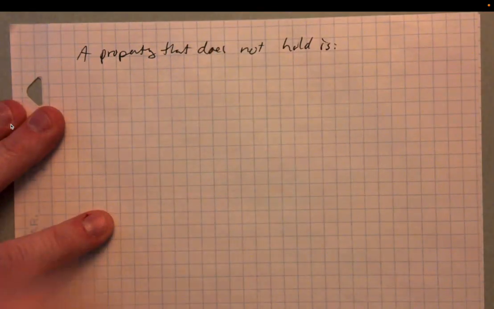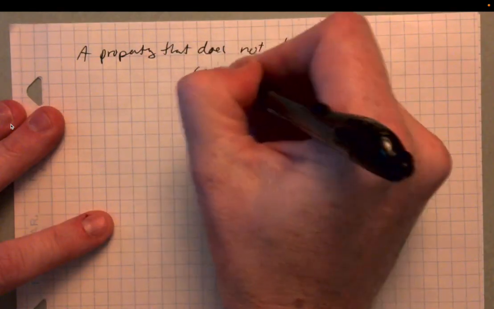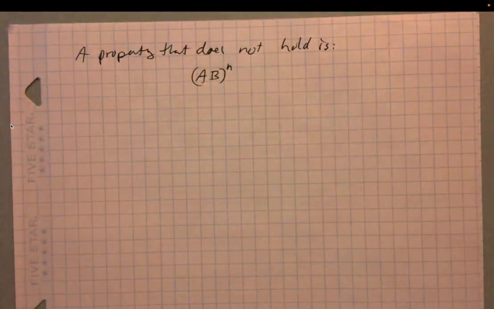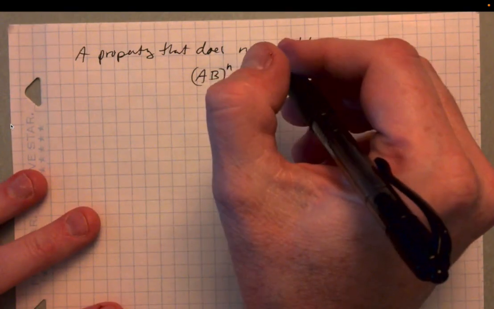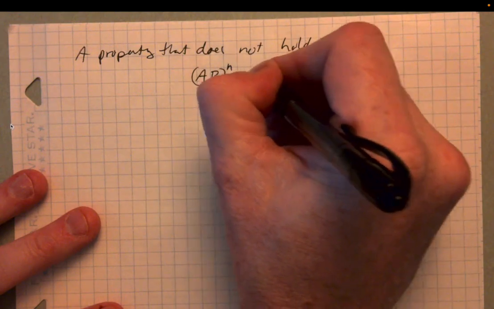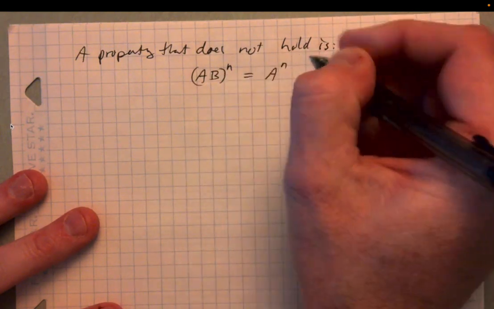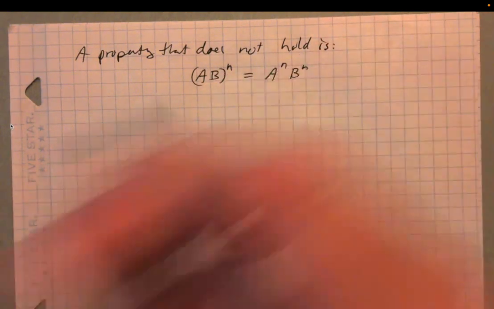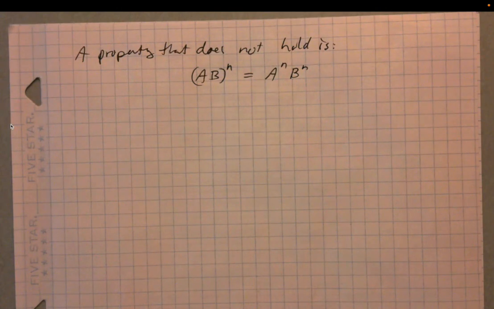It's this one. You may remember, if I have a product of real numbers and I exponentiate the product, that's the same thing as exponentiating the first number and then exponentiating the second number. Now, in the case of matrices, this is not true.